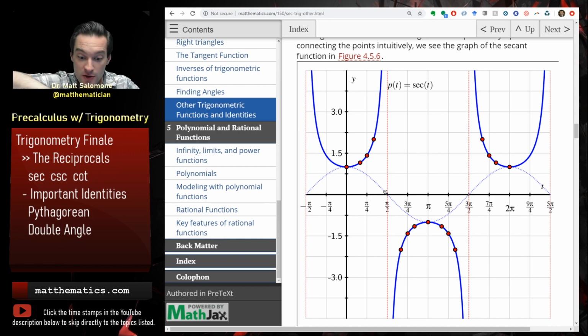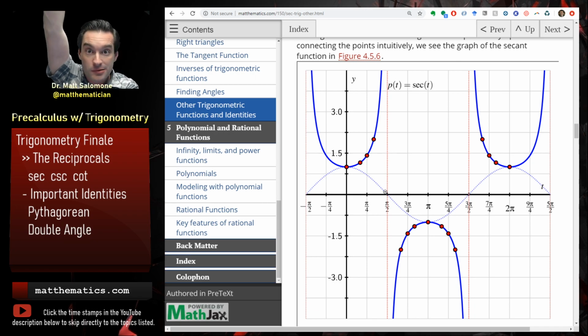Because when we turn the y-axis inside out, everything that used to be close to 0 is now way out towards plus or minus infinity. And so the secant function is going to have vertical asymptotes everywhere that the cosine function was equal to 0. Because everywhere that a function is equal to 0, its reciprocal will blow up towards plus or minus infinity, for the same reasons we talked about in Monday's video about rational functions.